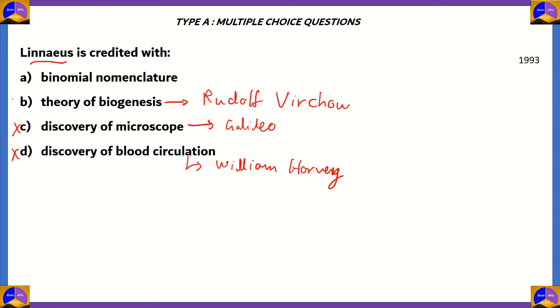So that means option B is also incorrect. The correct answer is option A, binomial nomenclature. It is with regards to binomial nomenclature, the present system of naming, that Linnaeus is credited with. So option A is the correct option for this question asked in 1993.